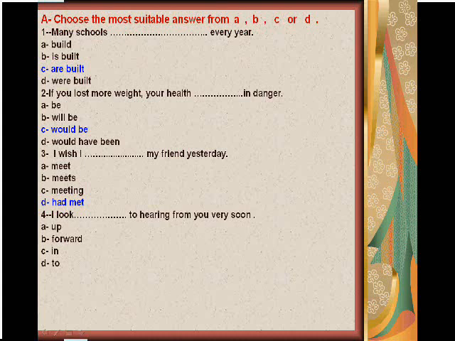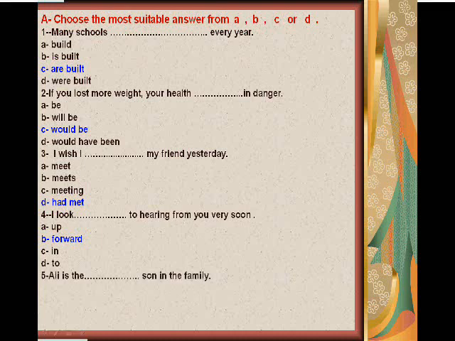Of course, all of them can be correct, but in this context, you have here to hearing from. So the only correct answer, and you always use that when you write letters or when you send your friends emails, is going to be, I look forward to hearing from you very soon. So this is very easy, and you can just get the mark easily.